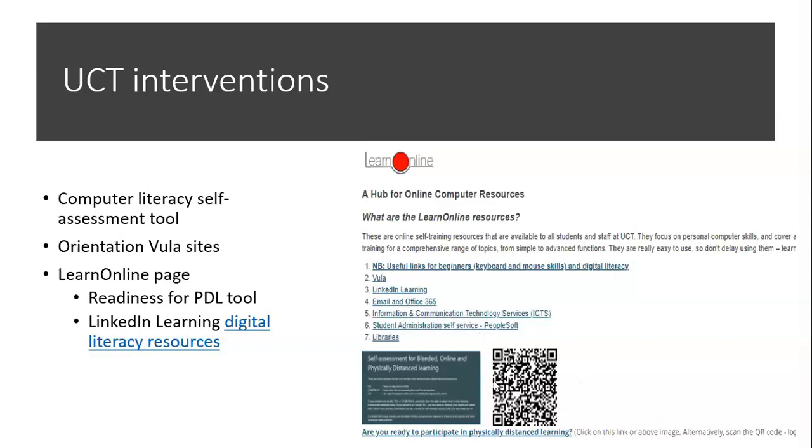And there's also a tool that students could use just to gauge their readiness for physically distanced learning. And so that Learn Online page is available right through the year, and anybody may make use of it. So it could be students who are at any level, and even for lecturers, you might find some useful resources. So you can just always keep on pointing students to that.